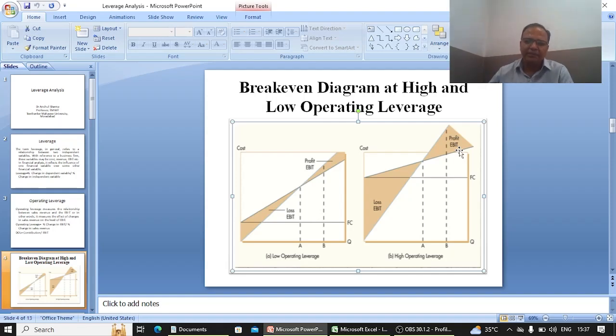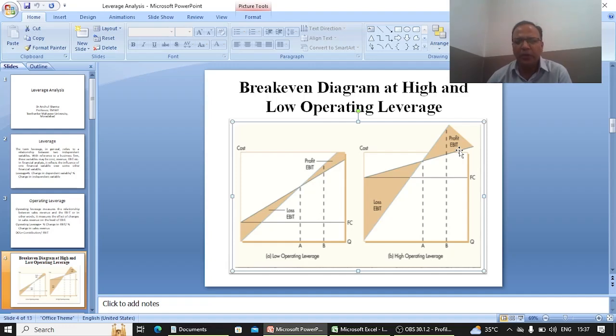So you can say if you are using more operating leverage, the margin of profit increases sharply after recovering the break-even point. But at the same time, the riskiness of the firm increases very sharply.